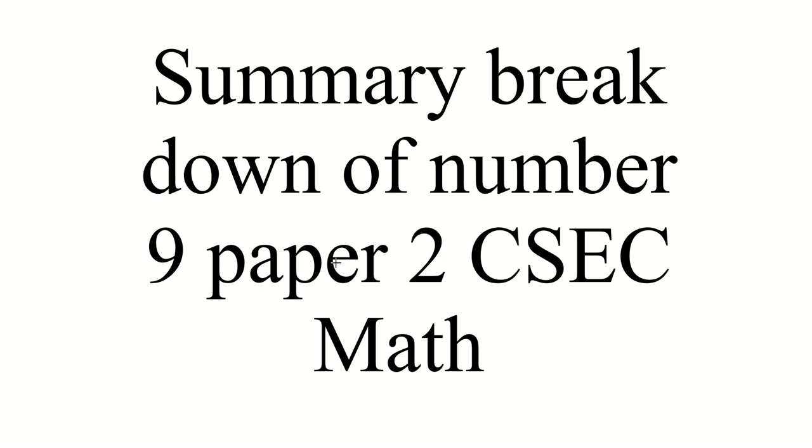Today we're going to be doing the summary breakdown of number 9, paper 2, CSEC Math questions. Right now, for these type of questions, number 9 is a section 2, paper 2 question.